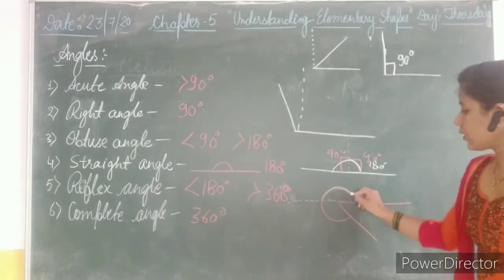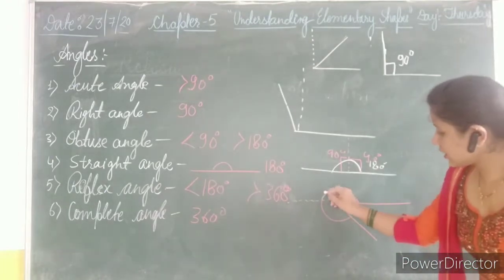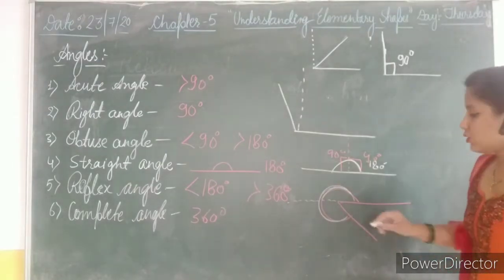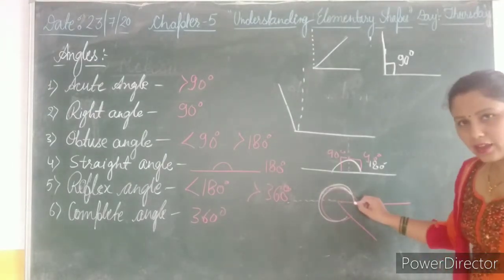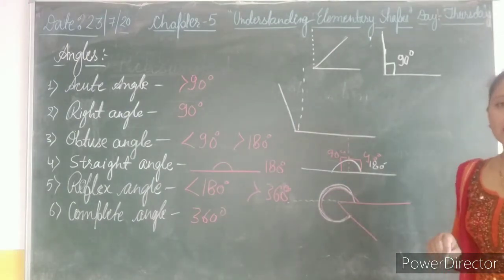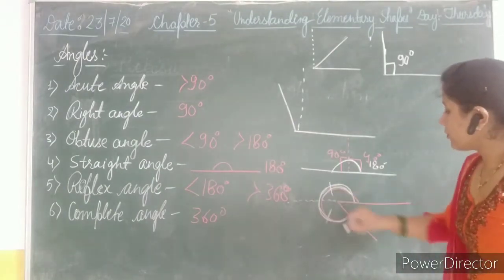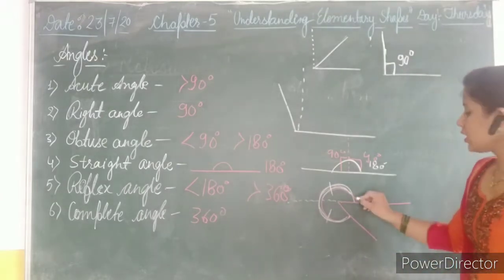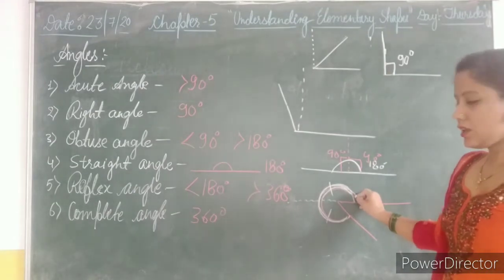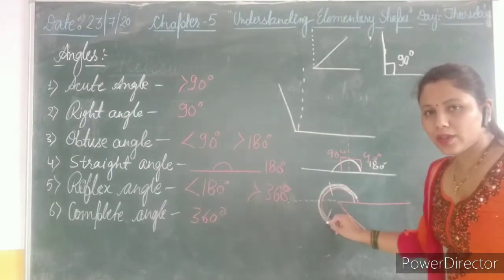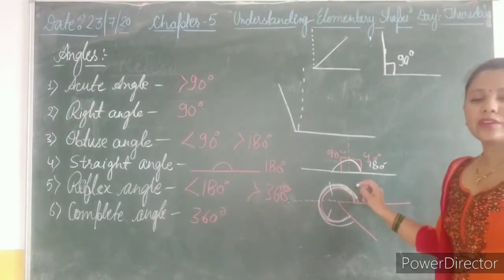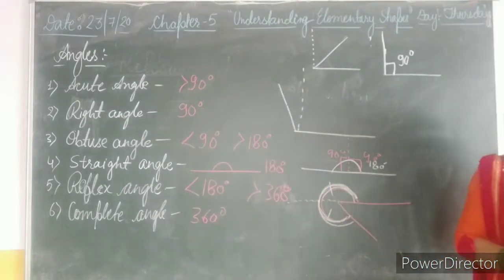So this one is 180 degrees and your reflex angle is greater than that because this angle includes a 180 degree angle and an obtuse angle also. By adding these two angles together, this one is greater than 180 degrees, but less than 360 degrees. A complete circle is not formed, so it is less than 360 degrees.